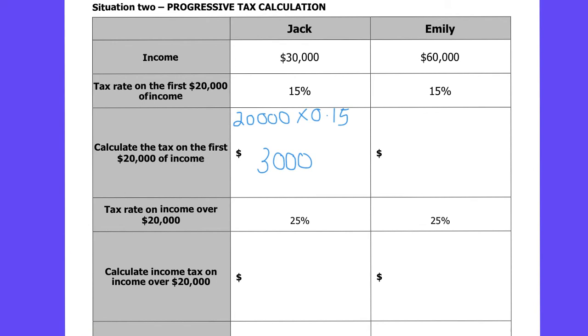No matter whether it's Jack or Emily, it's telling us that we're just calculating the tax on the first 20,000. Even though Jack and Emily earn different amounts, they both at least earn 20,000. So this is going to be the exact same for Emily as well, because we're doing that same calculation, 20,000 times 15%.